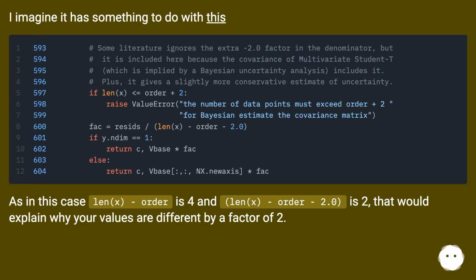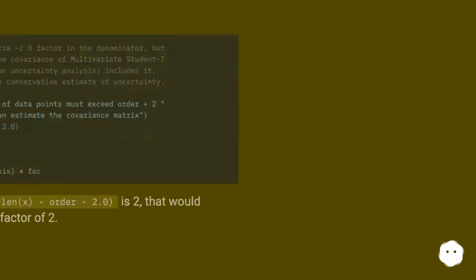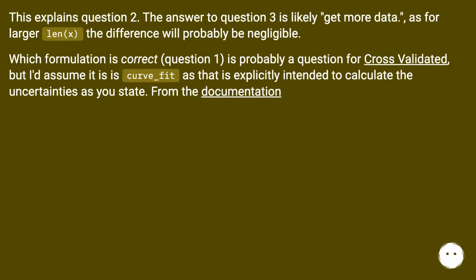As in this case len(x) - order is 4 and len(x) - order - 2.0 is 2, that would explain why your values are different by a factor of 2. This explains question 2. The answer to question 3 is likely to get more data, as for larger len(x), the difference will probably be negligible.